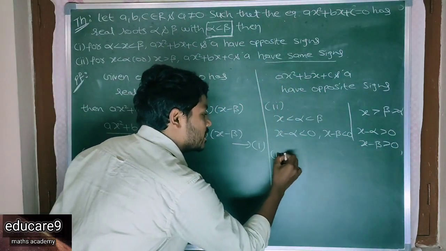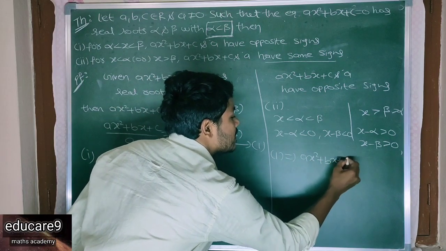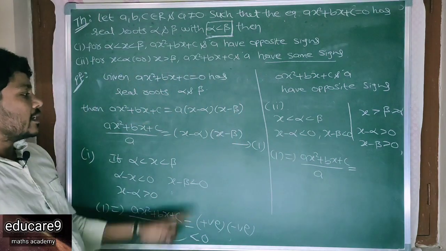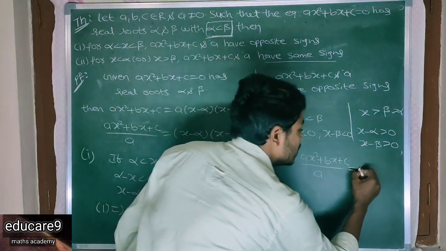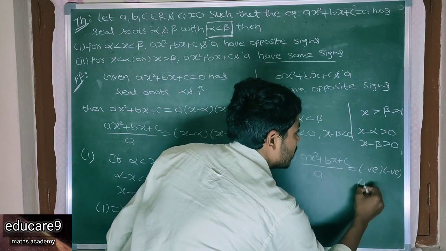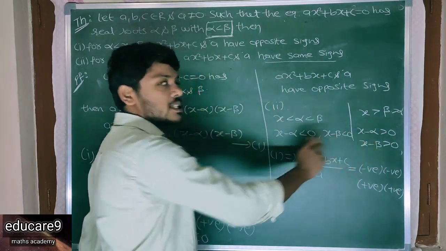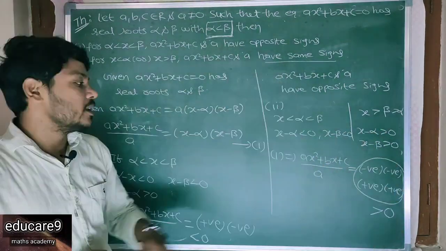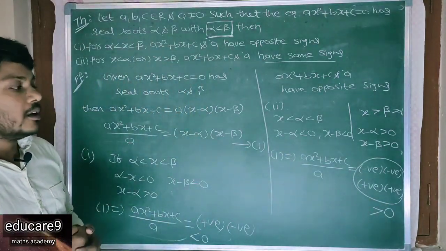So from equation 1, (ax square plus bx plus c) by a is x minus alpha into x minus beta, that is negative into negative in the first case. And in the second one, positive into positive, x minus alpha positive, x minus beta positive. So clearly in these two cases, the expression divided by a is greater than 0.